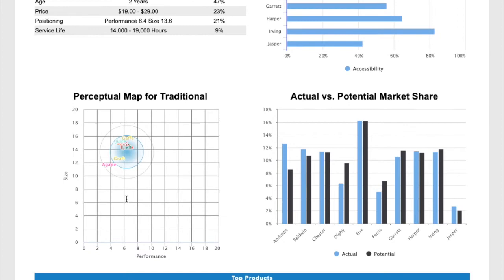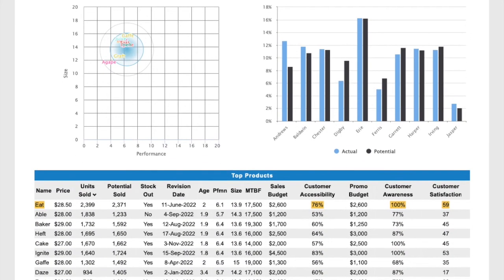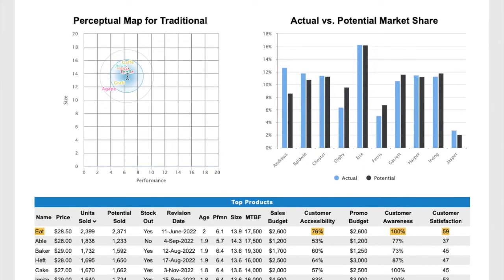Then let's see, Team Agap is out of the circle, and we see you did not stock up, so for this product you really need to reconsider where you should put the performance and size. And from here we can see Team product Eat has the best sales. It sold 2300 products and has really high customer accessibility and customer awareness.